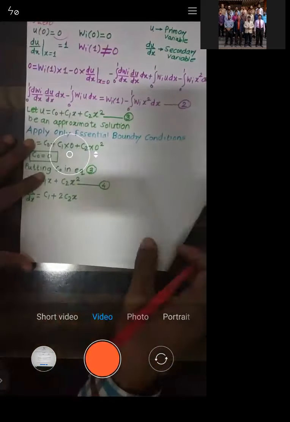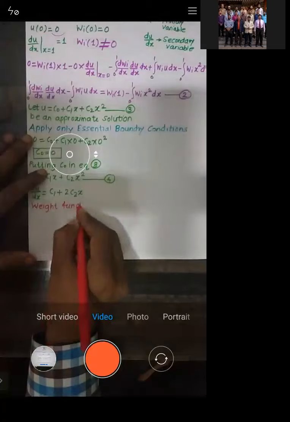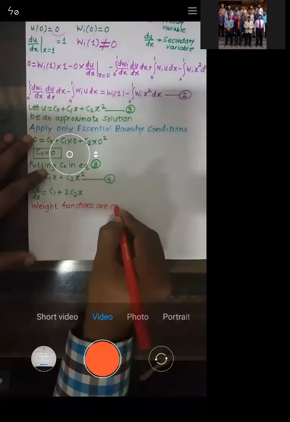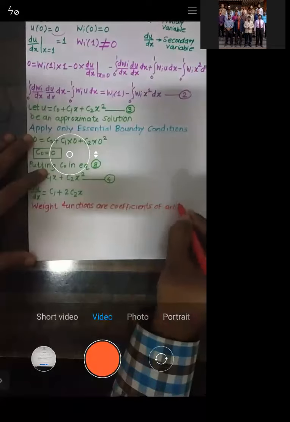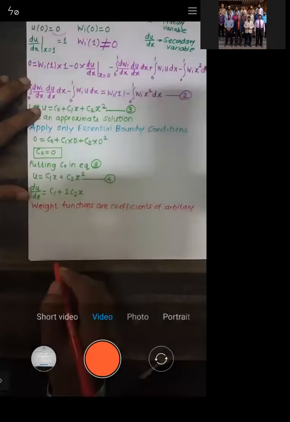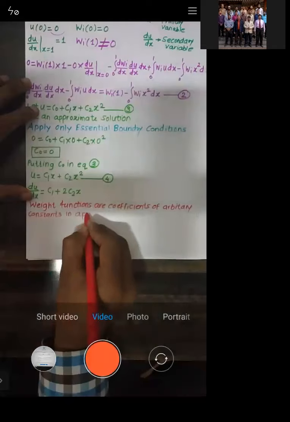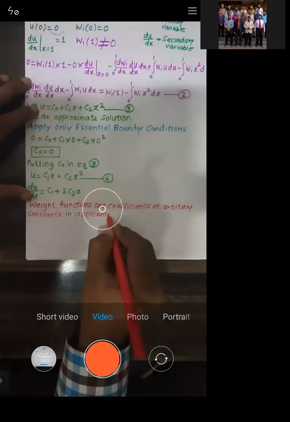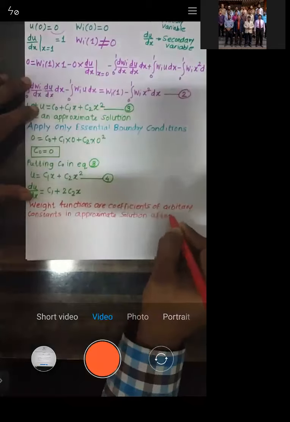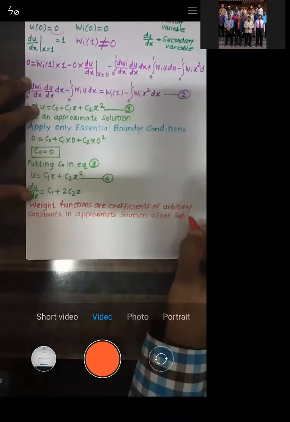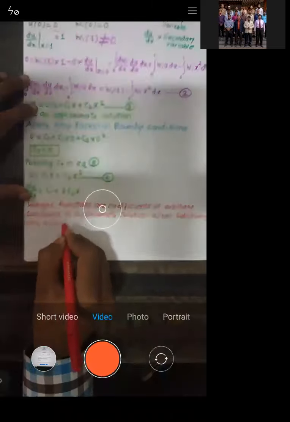As I told you, and as we practiced in the last lecture, weight functions are the coefficients of the arbitrary constants in the approximate solution, after satisfying only the essential boundary conditions.